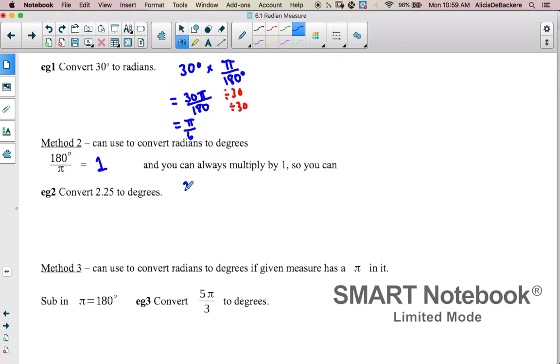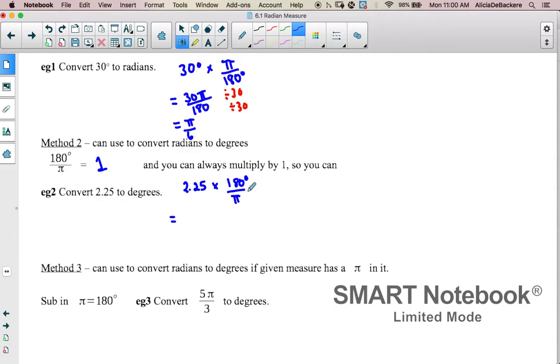So I've got 2.25. And again, they gave me this with no units, right? It says convert 2.25. 2.25 what? It's radians if it's not written. So we're converting that to degrees. So I've got 2.25, and I'm going to multiply by my conversion factor, 180 over pi. And here the radians are going to cancel out, and I'm just going to be left with degrees on the top. For this example, I'm going to have to be using a calculator because I've got a pi involved, and because the question started with a decimal, so that's another good hint.